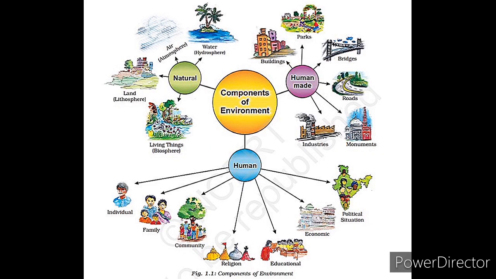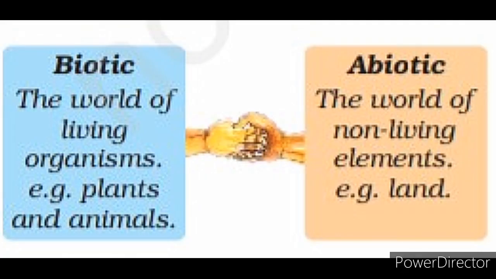It has three components: first is natural, second is human-made and third is human. It has two kinds or types, that is biotic and abiotic. The world of all living organisms is called biotic and the world of non-living elements is known as abiotic.